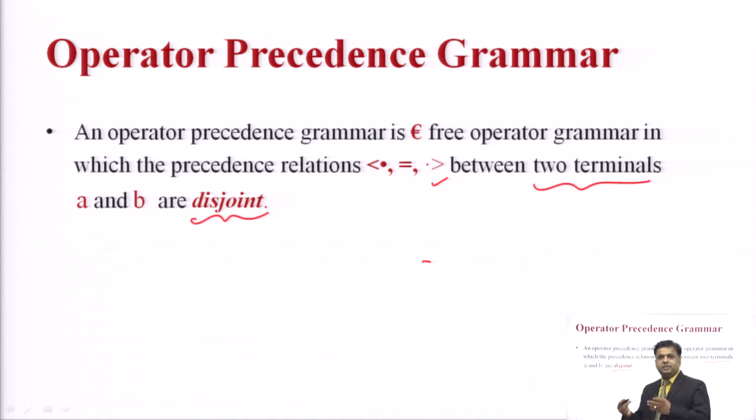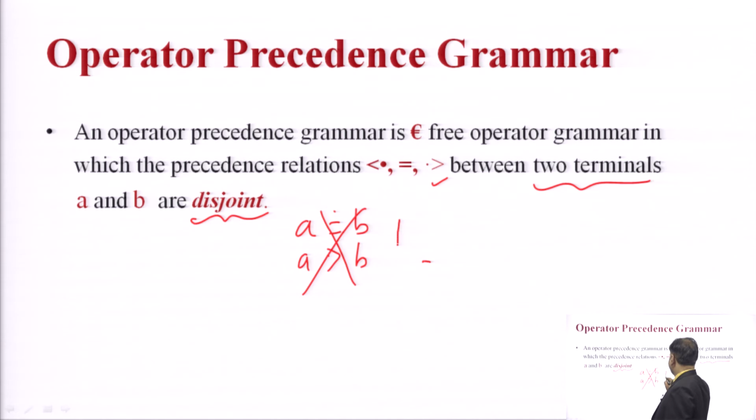The meaning of disjoint is that there should be no two relations between A and B. It cannot be that A has equal precedence with B and A has higher precedence over B. If it is there, then this is not disjoint.